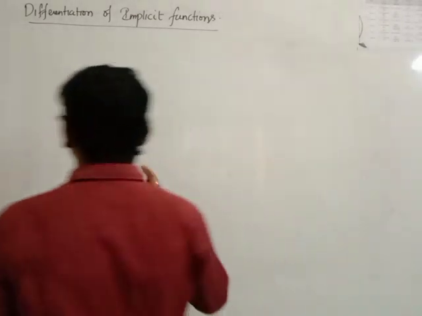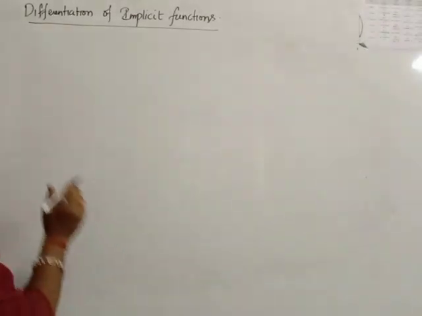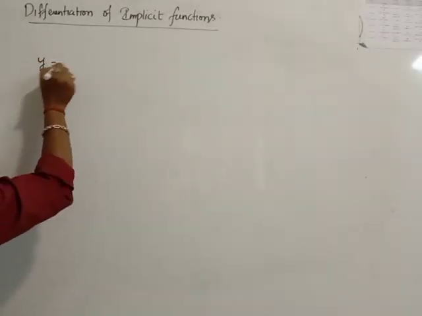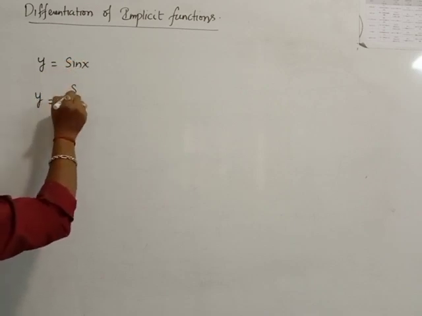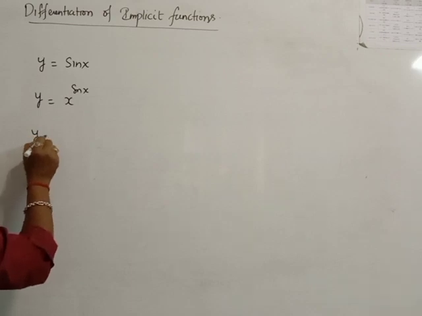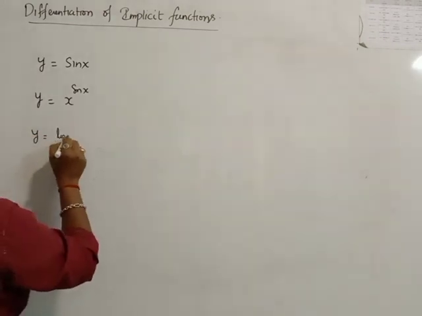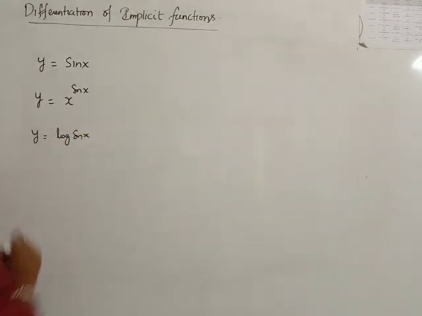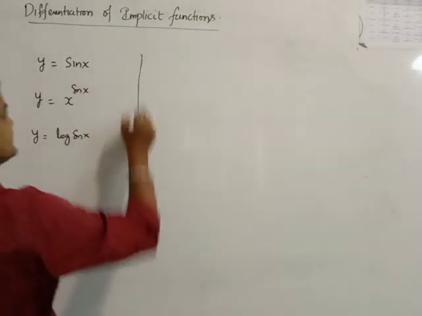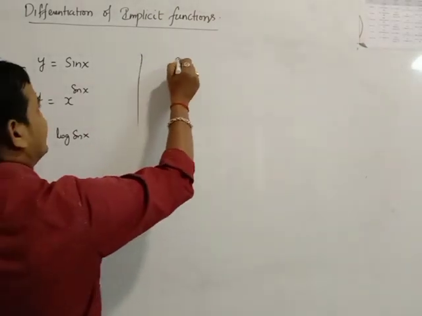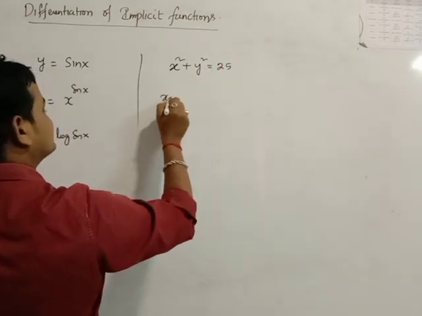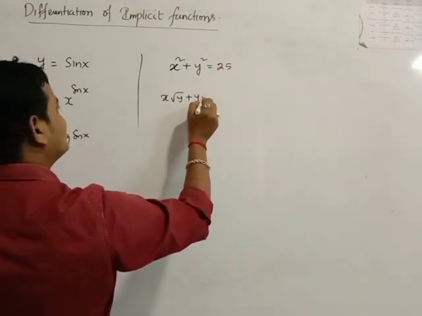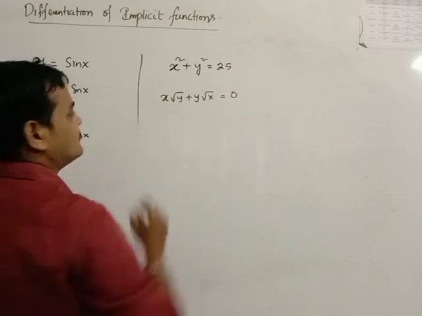Here I can write down some examples of functions. y is equal to sin x. y is equal to x to the power of sin x. y is equal to log of sin x. These are all functions written here. Again, this side I can write x square plus y square is equal to 25. x into root y plus y into root x is equal to 0.